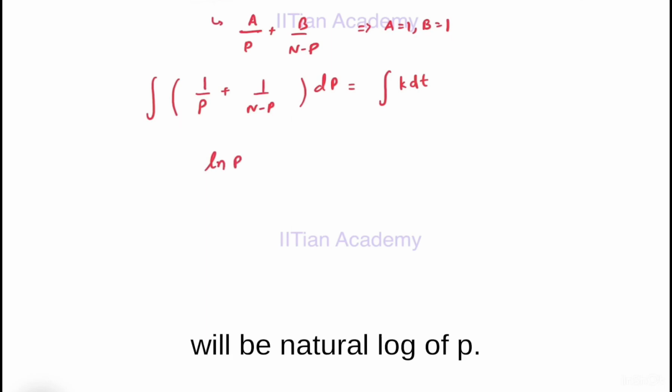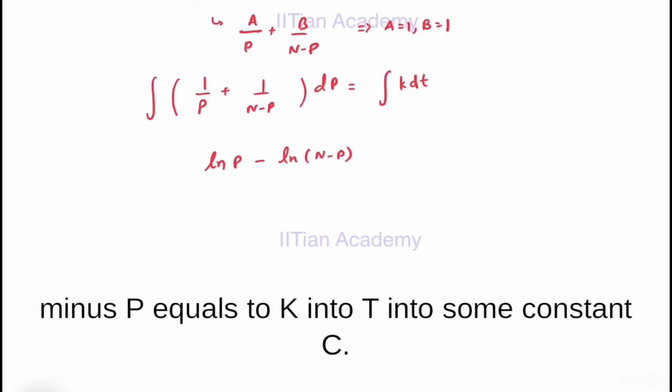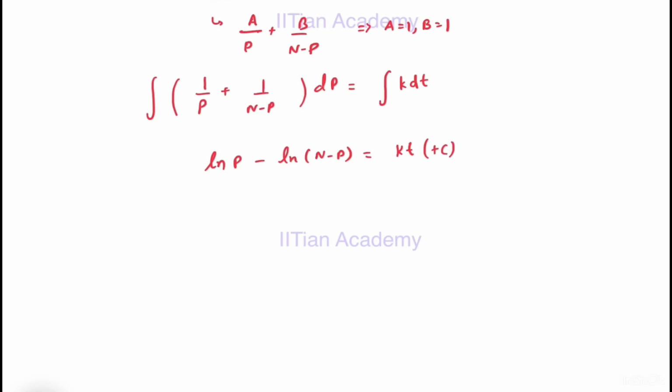Now the integration of dp by p will be natural log of p, and this will be with the negative sign, natural log of n minus p, equals k into t plus some constant c. We have assumed it to be some positive constant c.